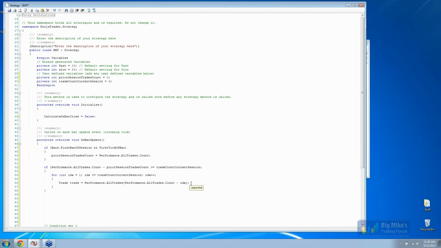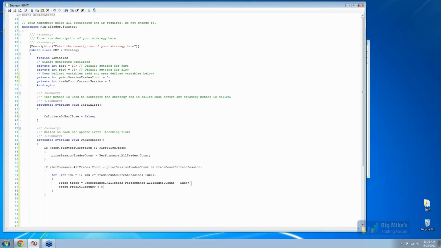So now that I have my trade object, I can go ahead and check out the performance on this trade object. I can go trade dot, let's just say profit currency, and then let's say if the trade object's profit currency is less than 0.